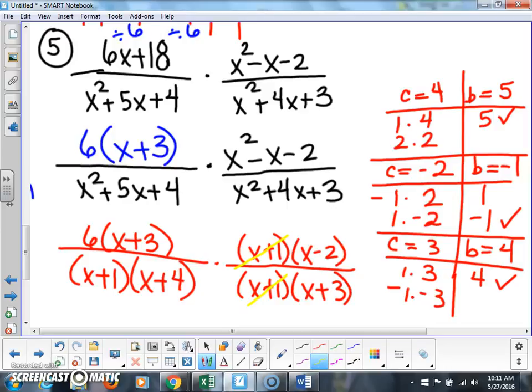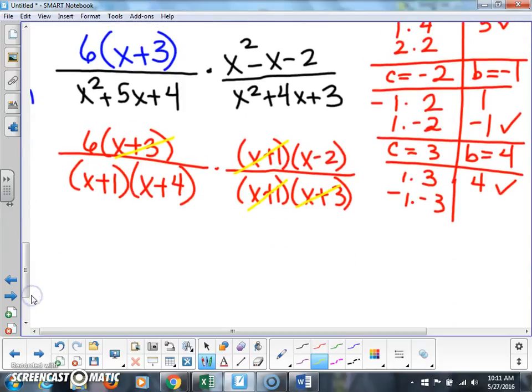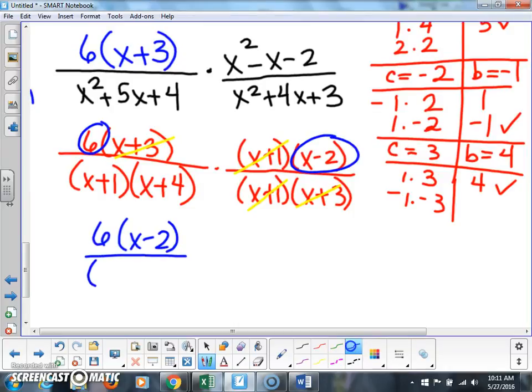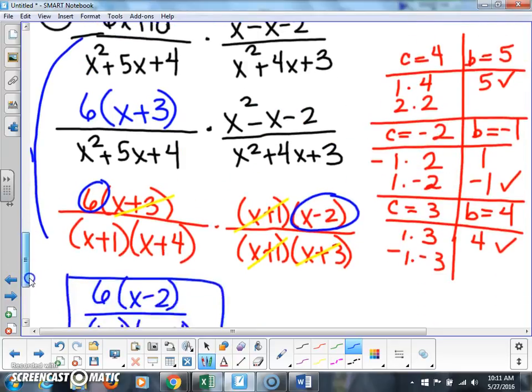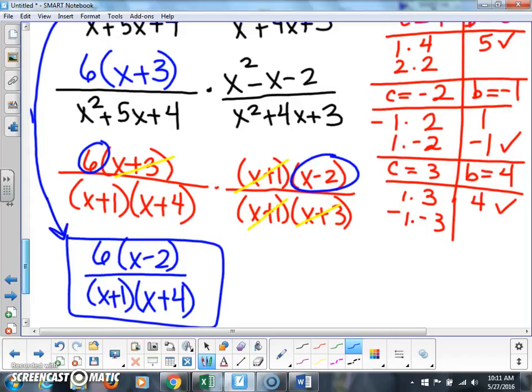X plus 1, x plus 3, and that's about it. So we're left with 6 times x minus 2, divided by x plus 1 times x plus 4. So the multiplication of these 2 fractions gives you that.